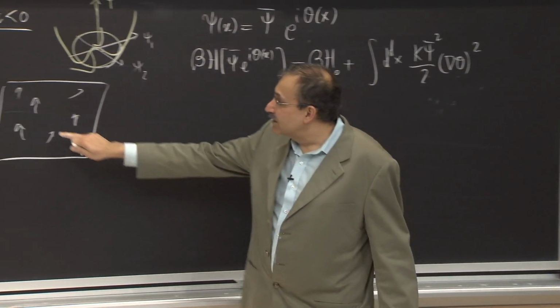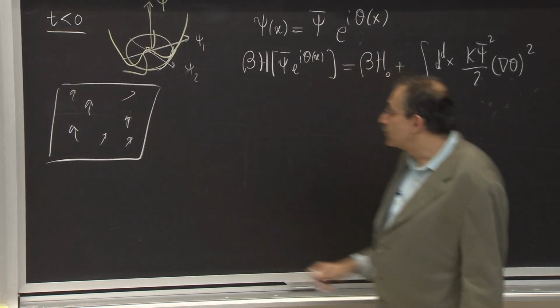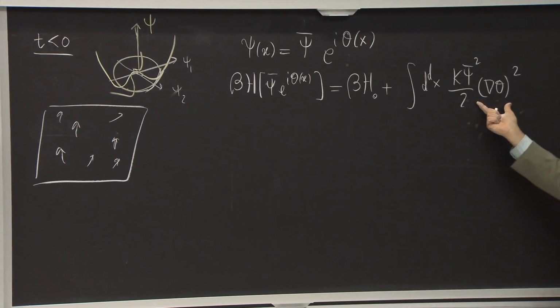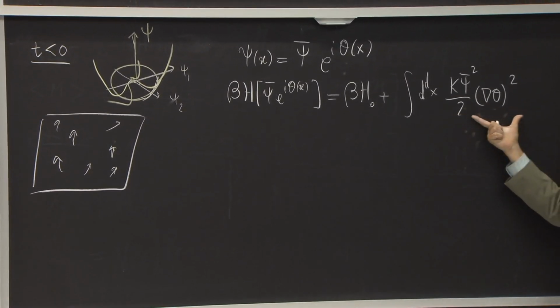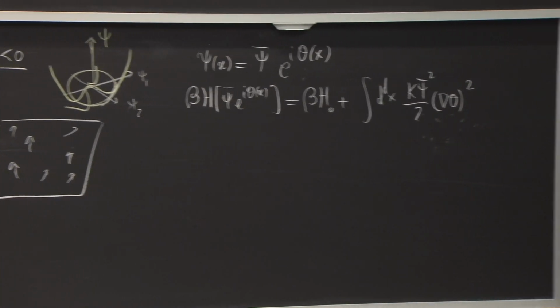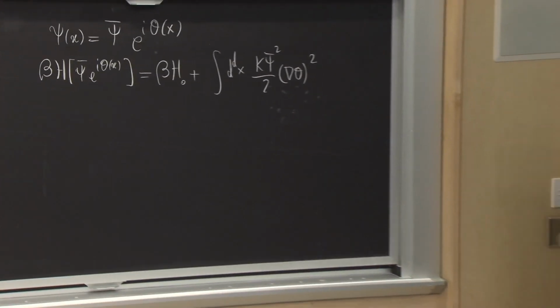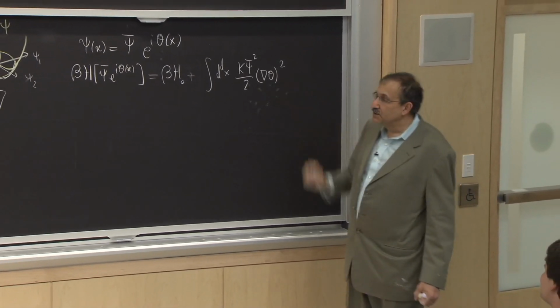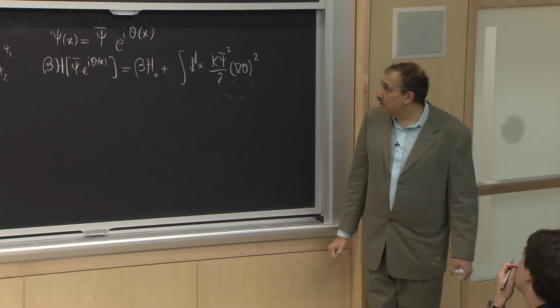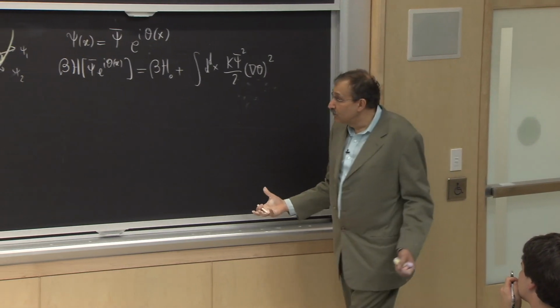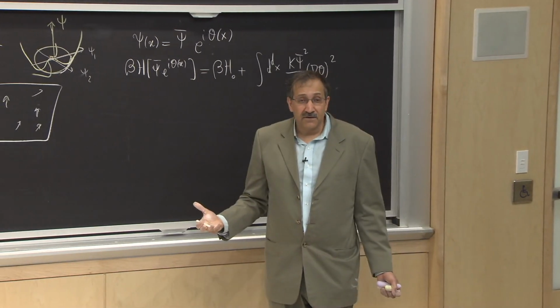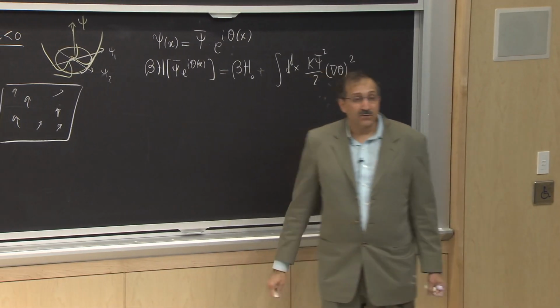So the case of a superfluid flow can be regarded by having a gradient of theta being proportional to velocity, and then this is something like the kinetic energy. But that's a different story. Let's just stick with the fact that this is the cost of making these distortions. And I want to know what's the probability of having one of these distorted shapes.